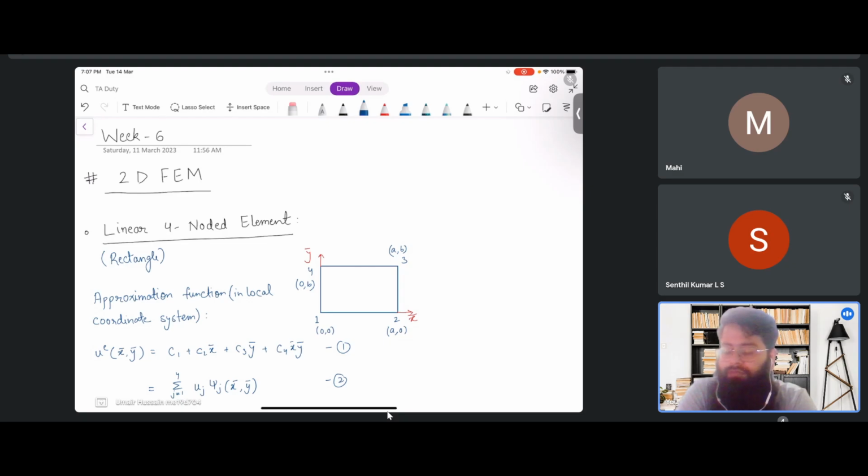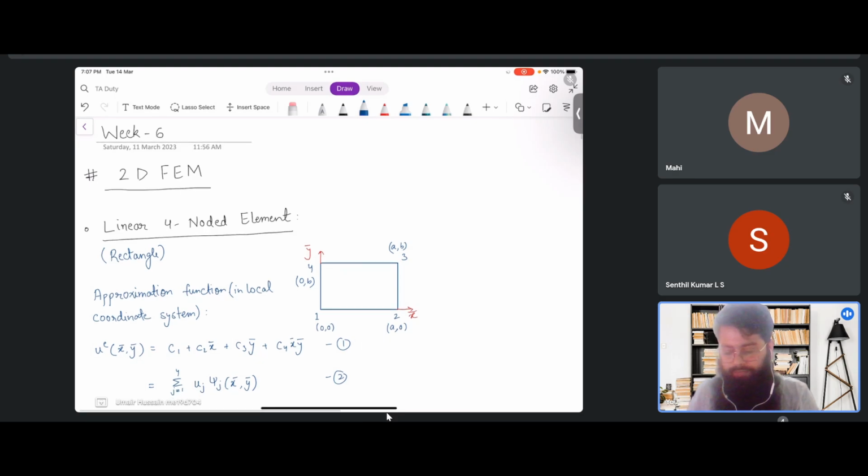And then we started with the common types of elements used to discretize 2D domains, beginning with the linear three-noded triangular element, and we even derived the approximation functions for that element.